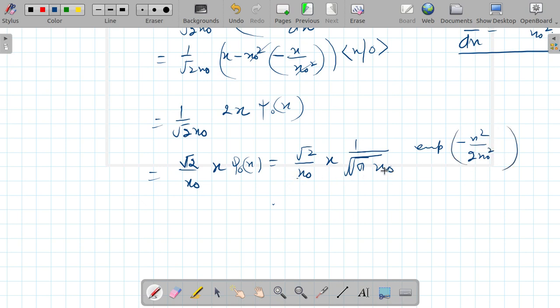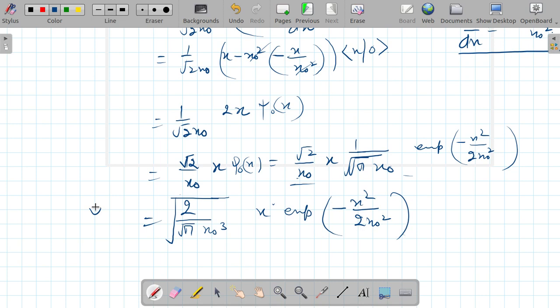This x naught and root x naught will become x naught raised to power 3 under the root. Putting these together, this becomes root of 2 over pi x naught cube, times x exponential of minus x square over 2 x naught square.